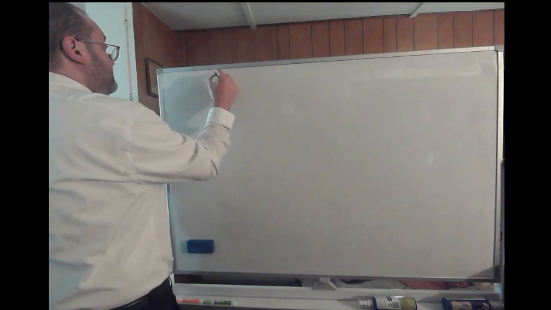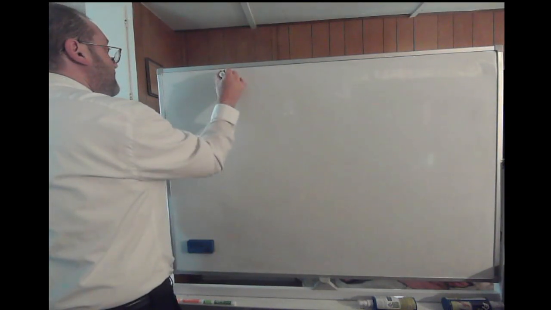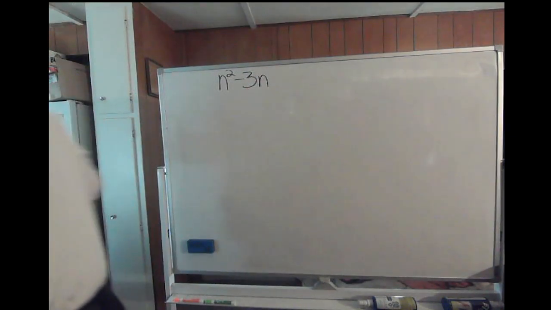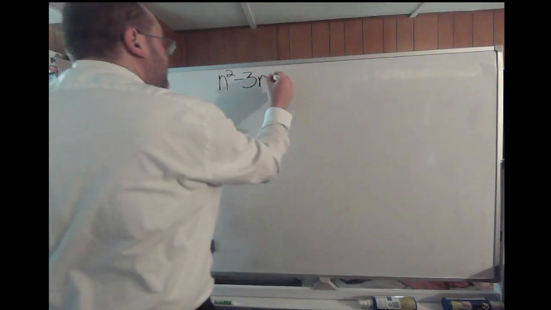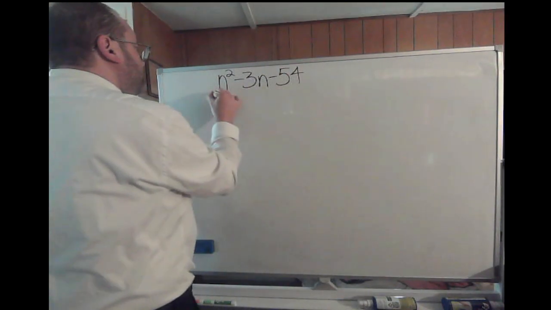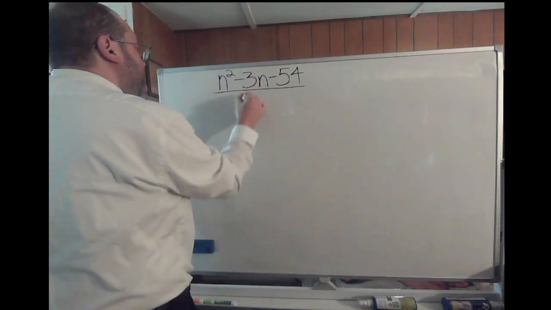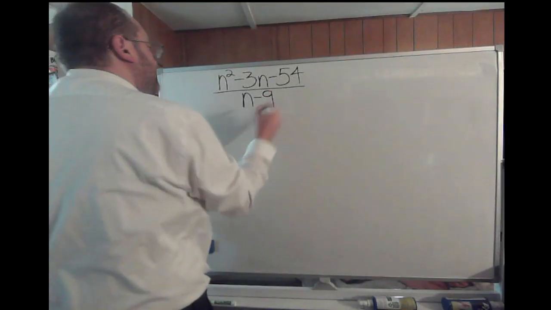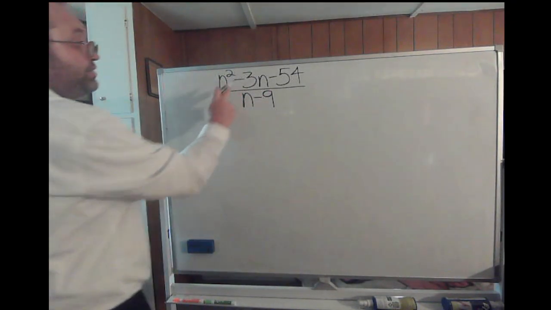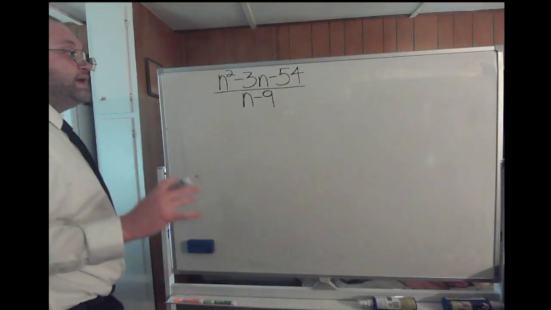Alright, let's see. We have n squared minus 3n minus 54 all over n minus 9. Okay? So we got n squared minus 3n minus 54 over n minus 9.